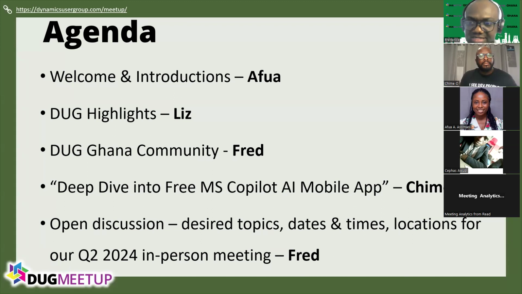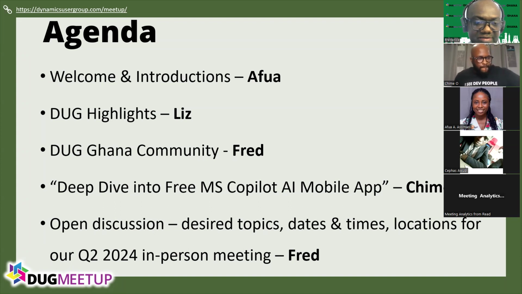DAG highlights from Liz. I was expecting her to join, but I guess she couldn't. So I'll talk a little bit about the DAG Ghana community. It's a dynamic user group in Ghana. Our main aim is to upskill and encourage each other to learn about Microsoft Dynamics 365, Power Platform, and also MS 365. We want to build a community where we learn from each other.